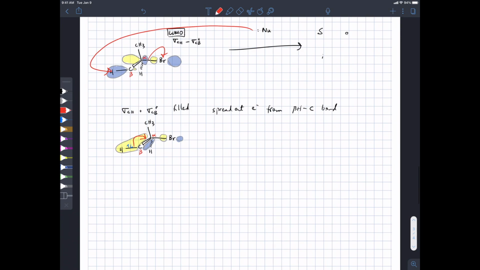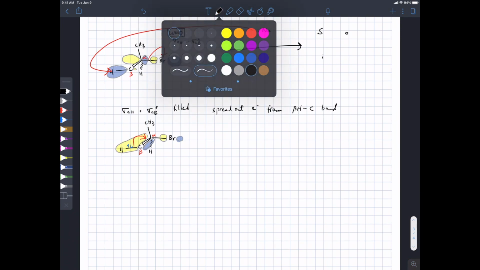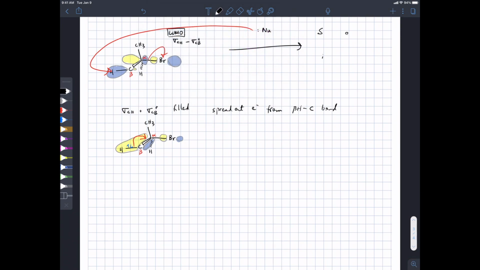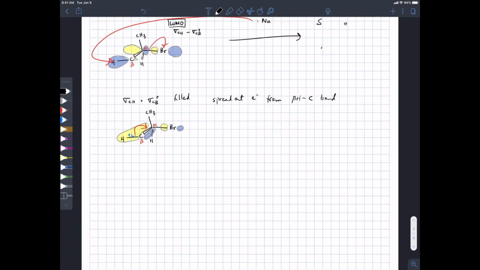They already looked like a pi bond to begin with, but now they are a complete pi bond at that point.